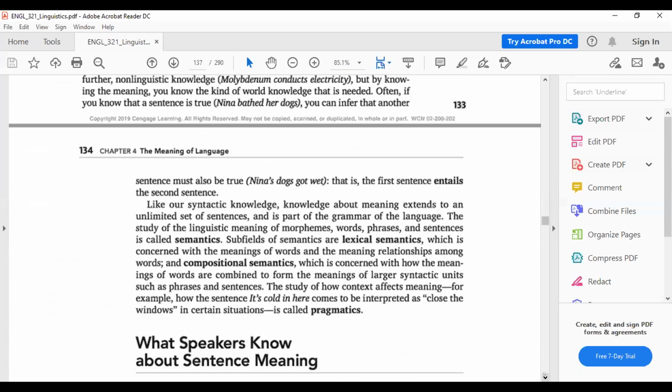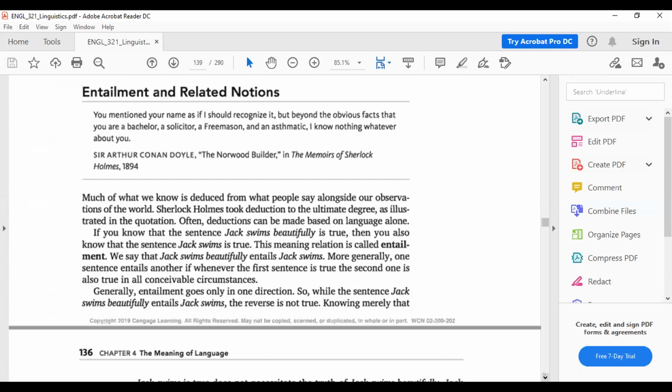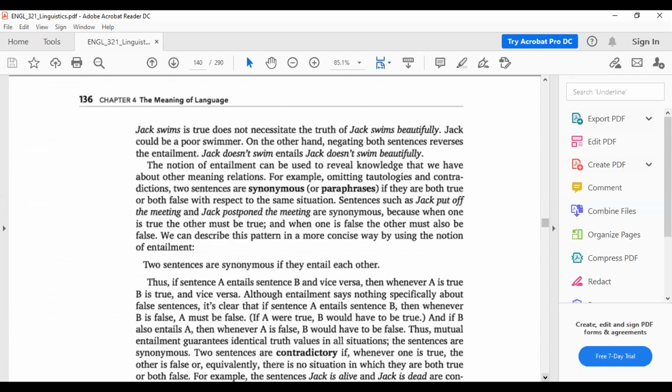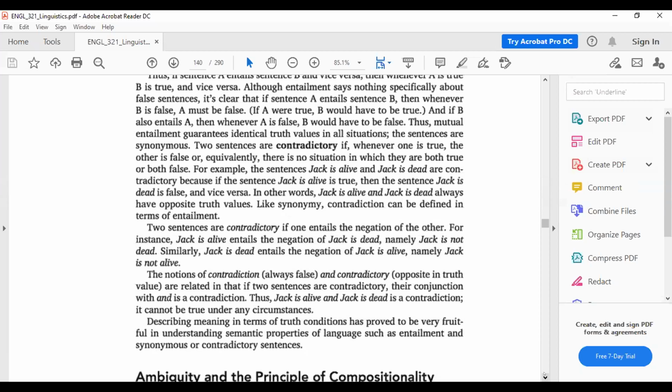Then she talked about truth value or truth condition, entailment, synonymous sentences or paraphrases, tautologies, and contradictory sentences or statements.